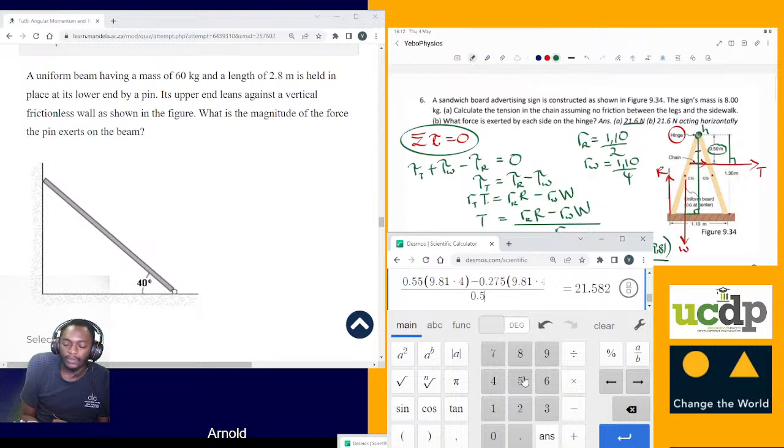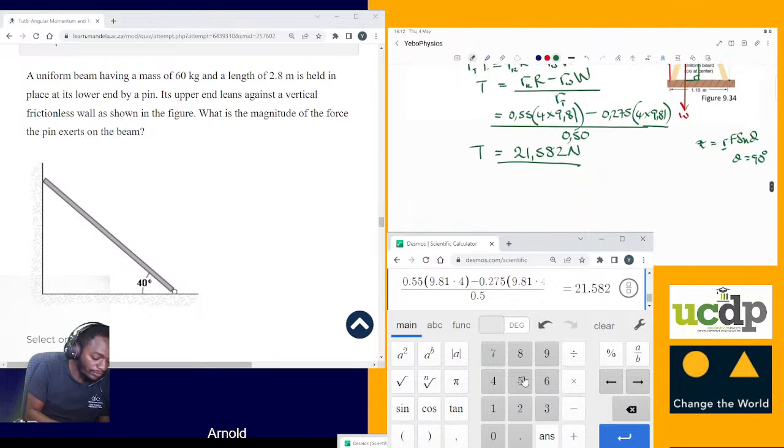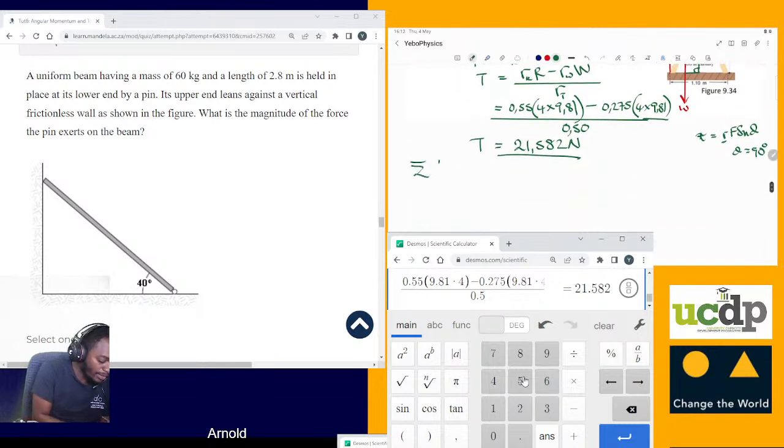And what else are we supposed to do there? Part B is asking what force is exerted by each side on the hinge. On the hinge, right? So we should remember that this system is in equilibrium.